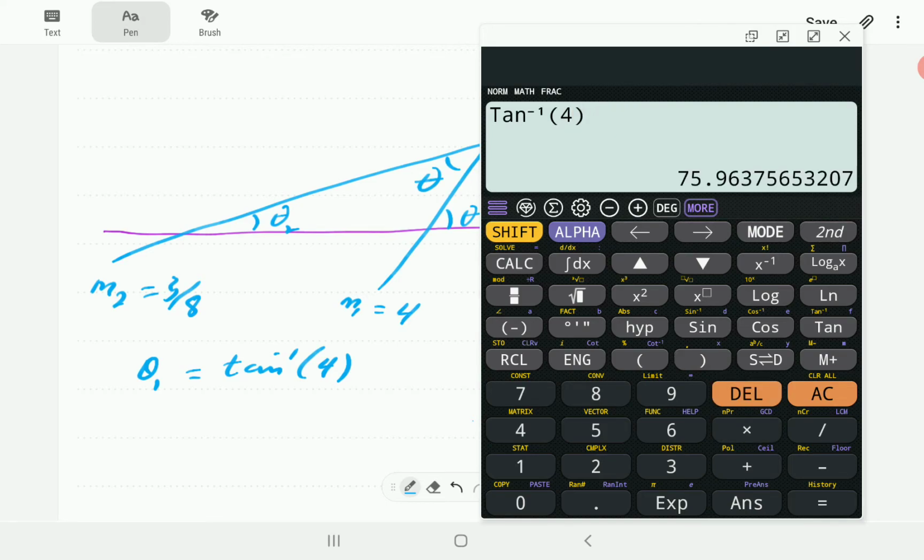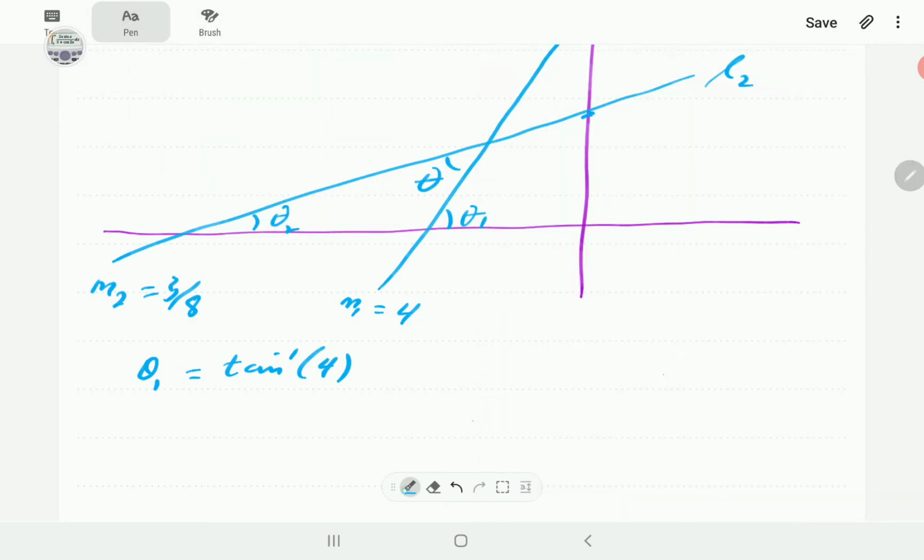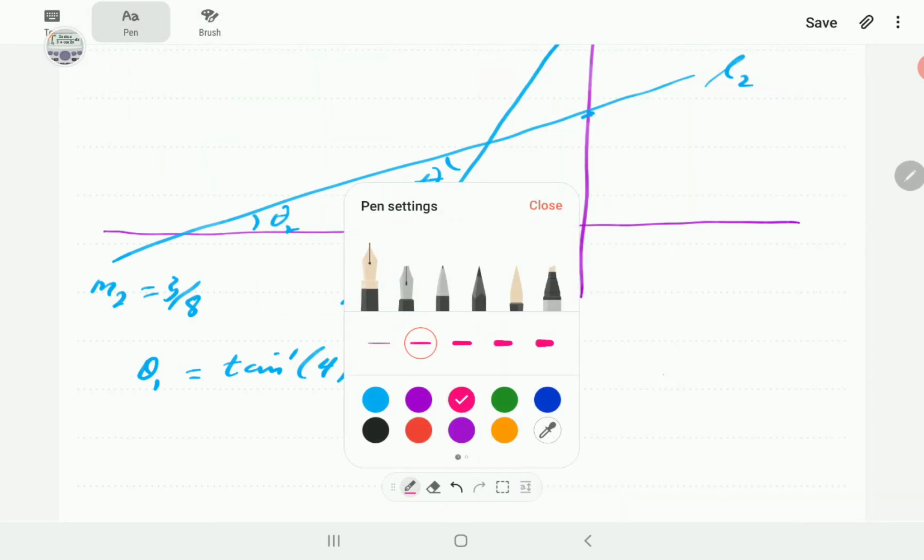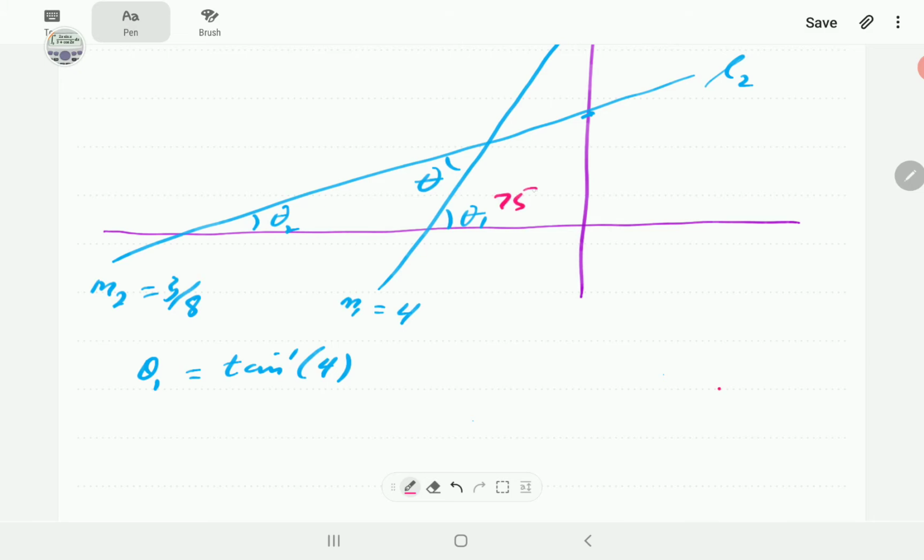Inverse tangent 4 is 75.96. So maybe let me write that one here. So this is 75.96, but I'm just going to keep this one in mind.